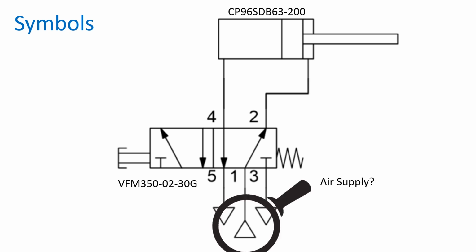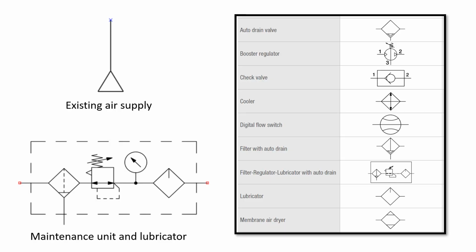Let's have a look at air supplies. As I'm not designing the air supply for this project, I'm using my shop compressor. I will use the existing air supply symbol in my schematic diagram.